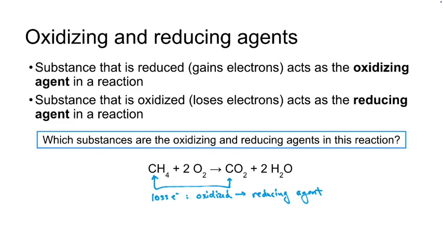If we go through and look at what happened to the oxygen, it gained electrons and therefore was reduced. What was its action? It took electrons from something else. It was the oxidizing agent. Okay? And what we're looking at is effectively the English language being nasty with conjugations of the words.